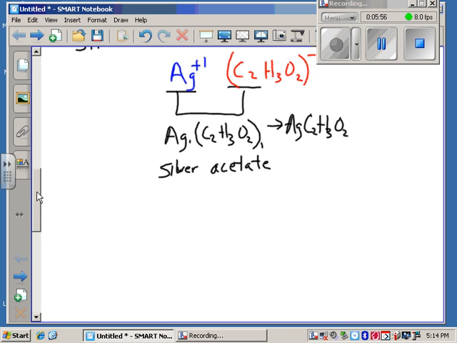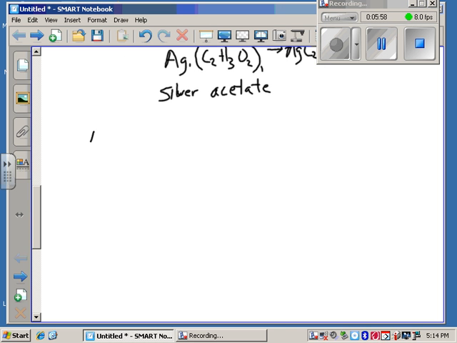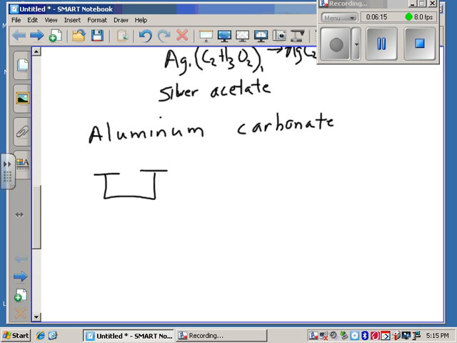One final example, let's say they give you the name aluminum carbonate. So aluminum carbonate, we're going to go ahead and make our scales. Aluminum always makes a +3. Carbonate ion, CO3, makes a -2.